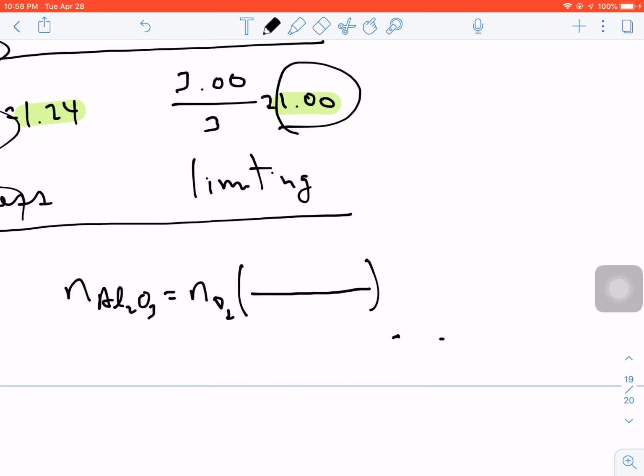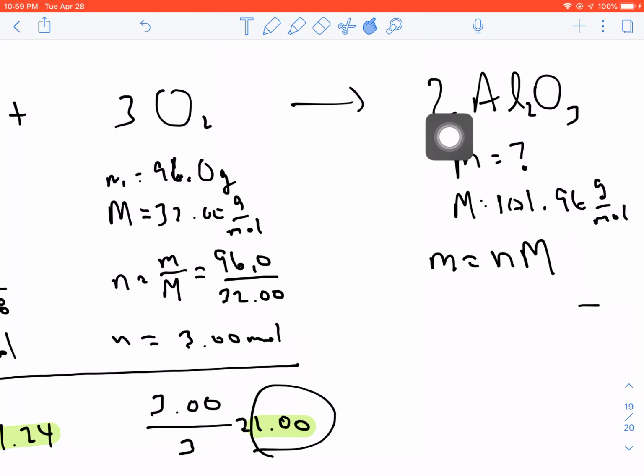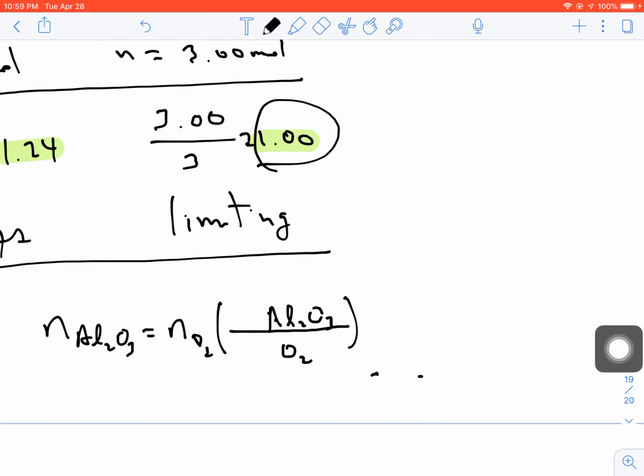So I'm going to have oxygen in the denominator and aluminum oxide in the numerator, because I want the oxygen here to cancel with the oxygen here, and I want this aluminum oxide to be left so that I can have the answer for number of moles of aluminum oxide. So if I go back to my balanced equation, I'm looking for the coefficient for aluminum oxide and the one for oxygen. Aluminum oxide is 2, oxygen is 3.